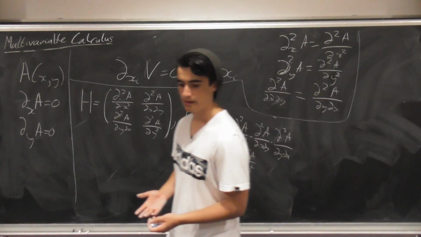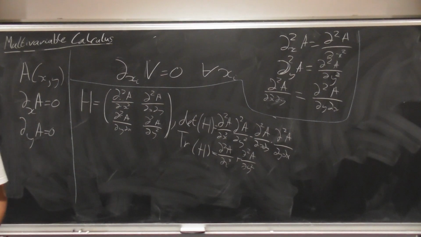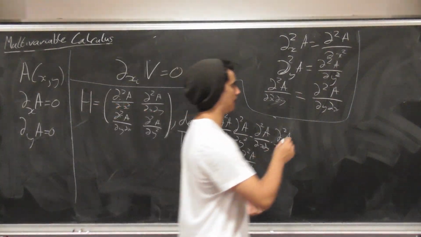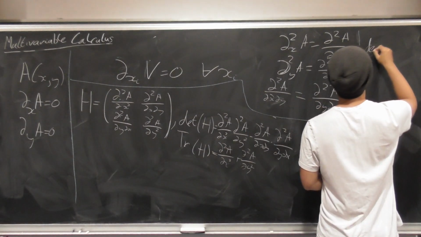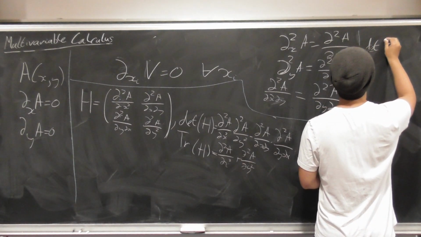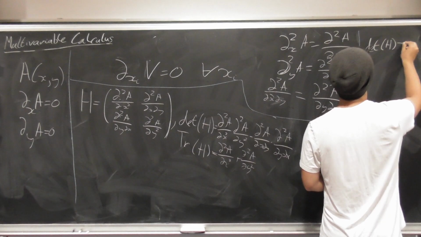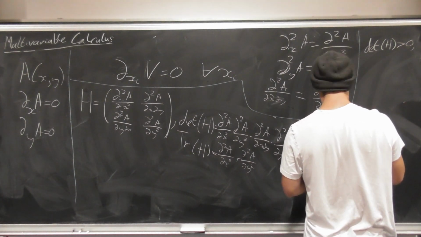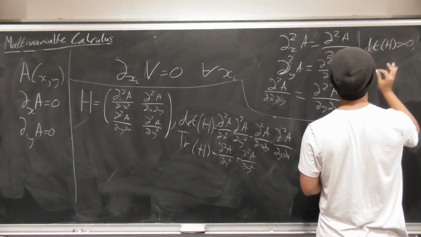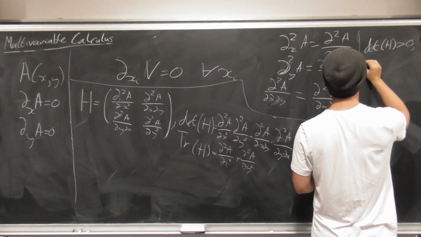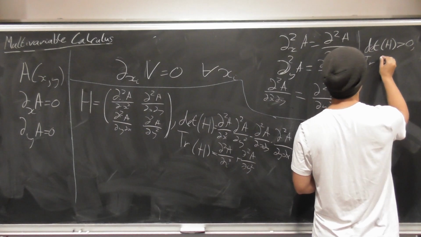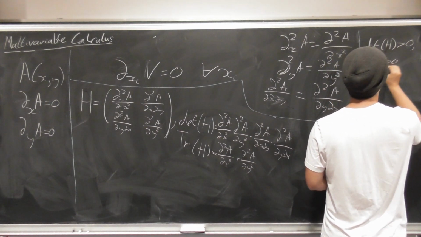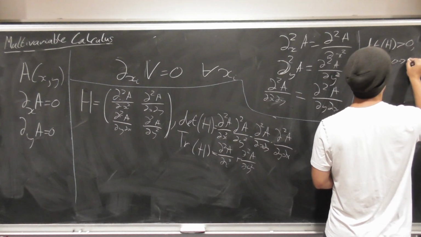Right, so if we have our determinant of H greater than 0, and then if the trace is also greater than 0, then we have that it's a minimum.